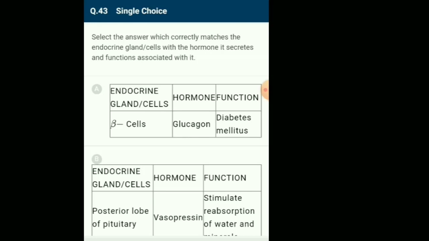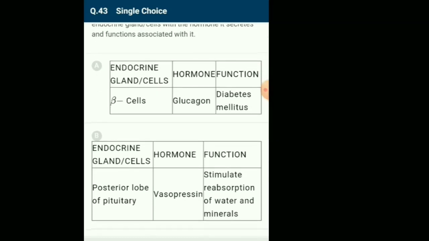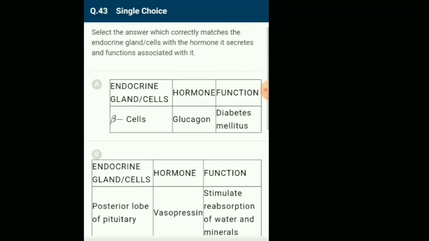Question number 43. Select the answer which correctly matches the endocrine gland or cells with the hormone it secretes and the functions associated with it. Beta cells of pancreas secrete insulin, absence of which results in diabetes mellitus. Adrenal medulla secretes epinephrine which helps the body to deal with any emergency situation.